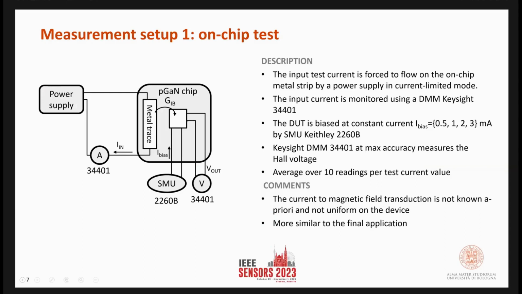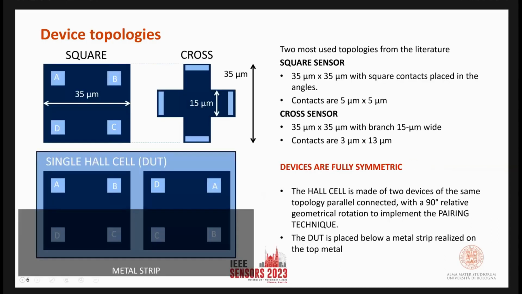We made two different measurement setups. Sorry, I just forgot that on top of our device under test, we placed a metal strip like in this picture. The edge of the metal strip is exactly at the middle of the sensor. This has been done to resemble the final application.